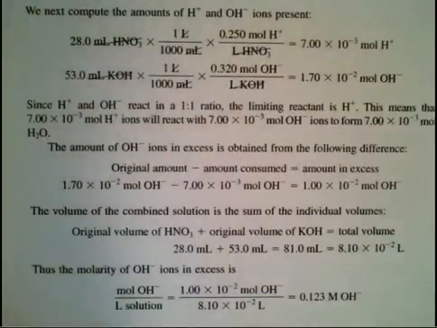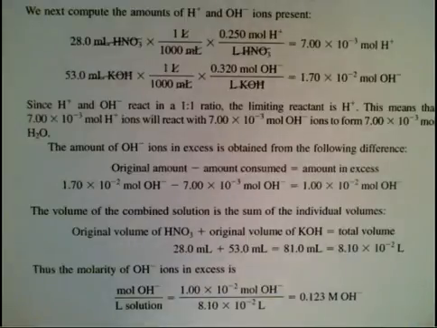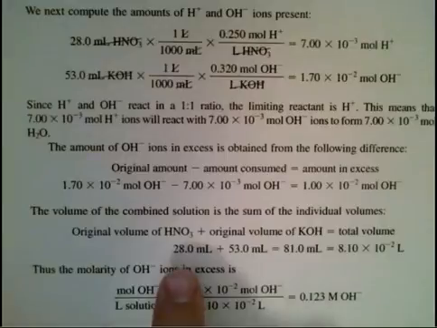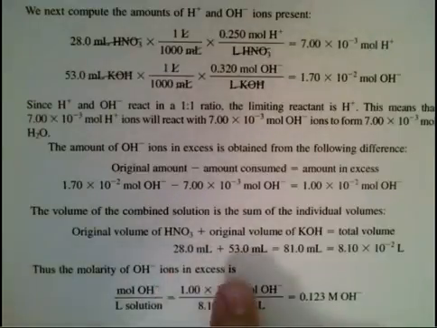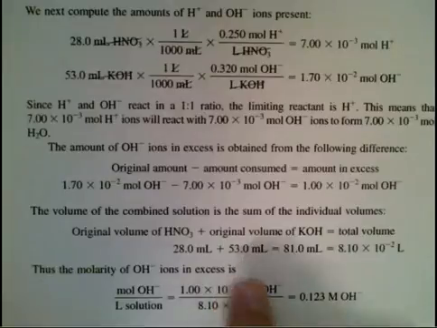The volume of the combined solution is the sum of the individual volumes. The original volume of HNO3 plus the original volume of KOH is going to equal the total new volume. And so that, in terms of what's given to us by the problem, is 28.0 milliliters plus 53.0 milliliters, and that is 81.0 milliliters.